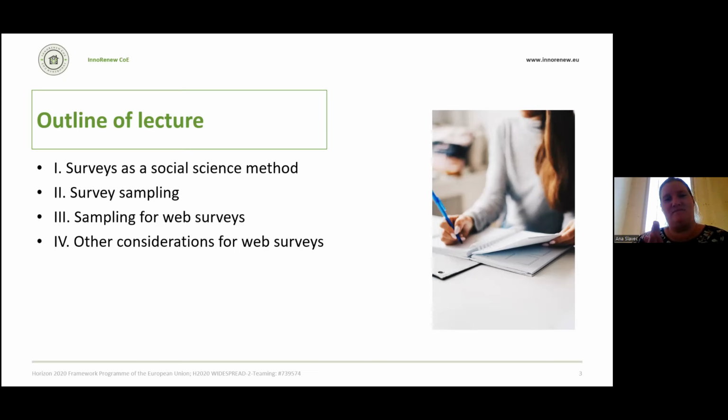But recruiting participants, if we want to do a survey in a scientific way, because we are all scientists, it's important that we are aware that surveys are scientific methods, and to conduct them properly, to get really accurate and precise results, we have to follow scientific procedures.